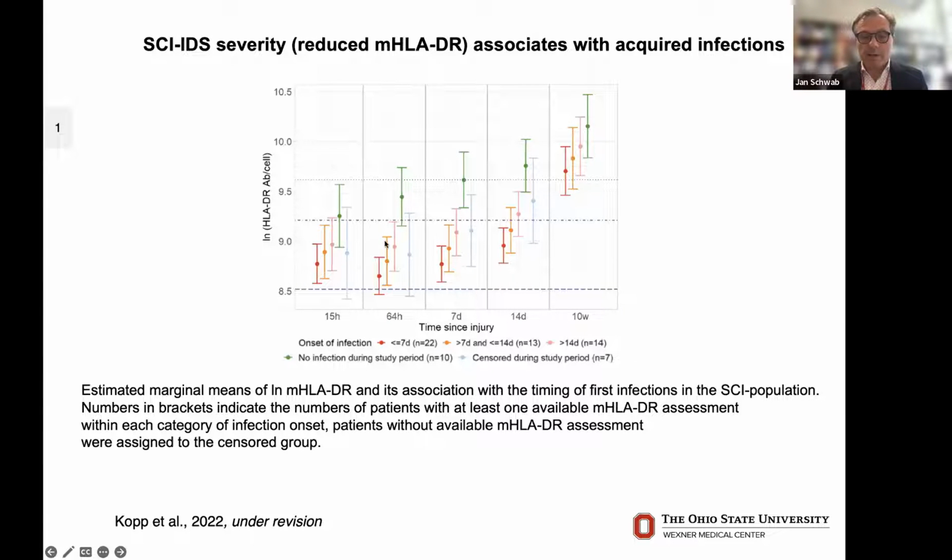And this is now the analysis I would like to share with you. Early infections are color-coded here with these red dots. Again, the green ones would be patients without any infections.